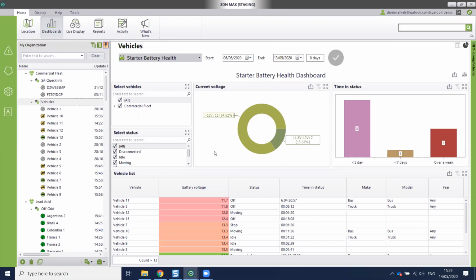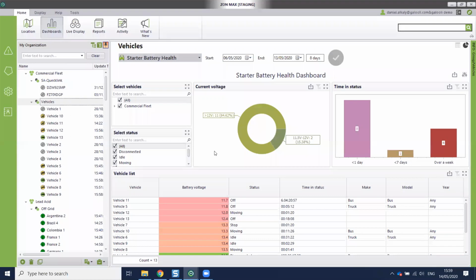A lot of vehicles are static. They're not in movement. And once they're static and not in movement, right away we need to be much more cautious and much more wary about the state of the battery. Now, in general, batteries above 12 volts are considered ideal voltage. Okay, they're healthy batteries.